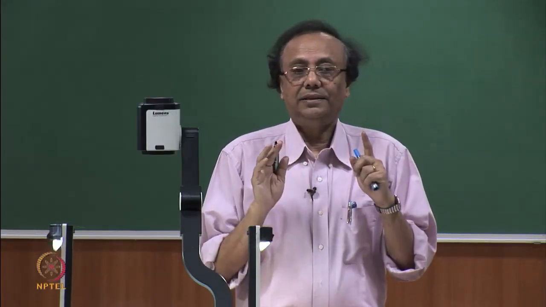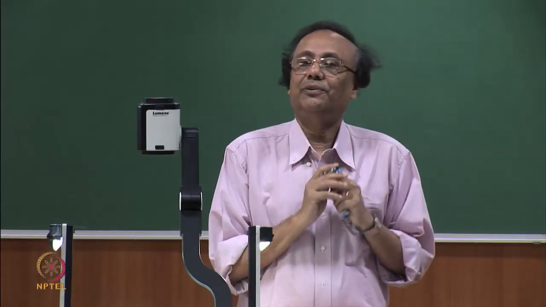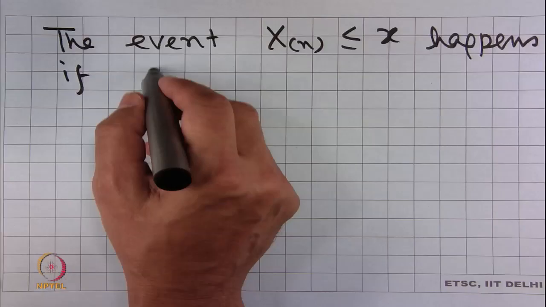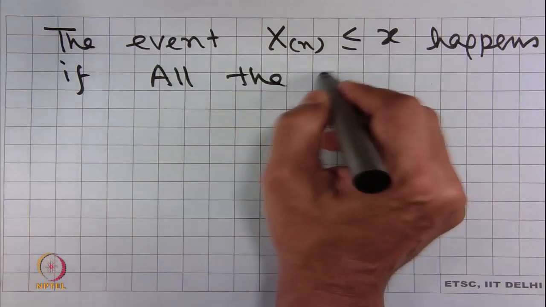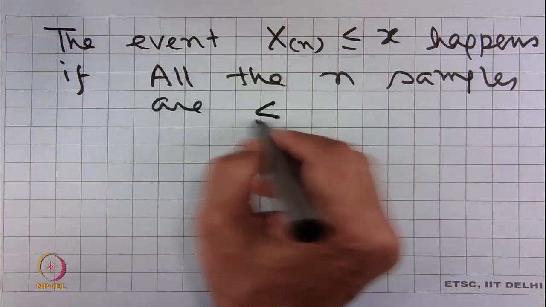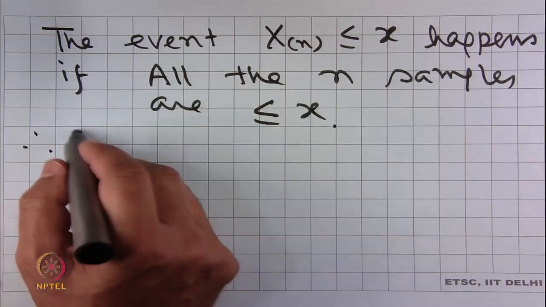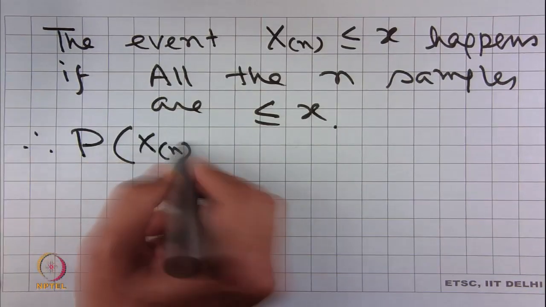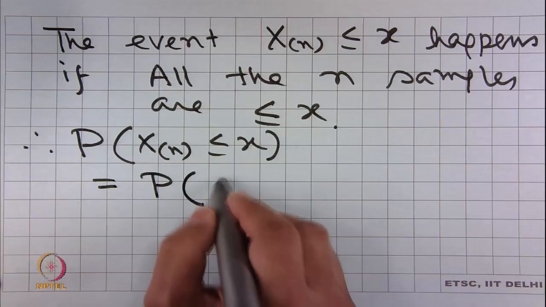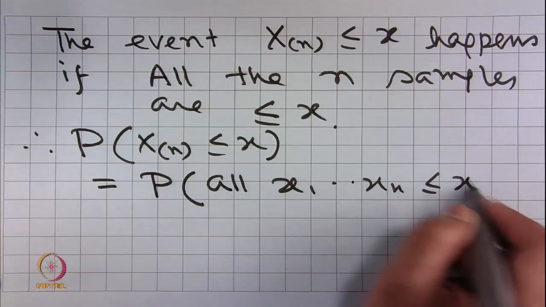That means that all the n samples are actually less than or equal to x, right. Therefore, the probability that X_n is less than or equal to x is equal to the probability that all of X_1, X_2, ..., X_n are less than or equal to x.